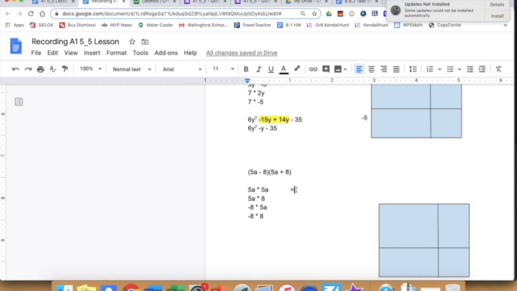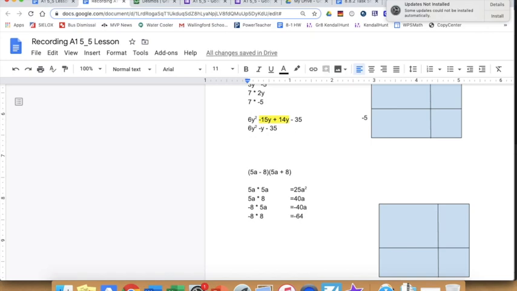5a times 5a is 25a squared. 5a times 8 is 40a. Negative 8 times 5a is negative 40a. There's a red flag there. Negative 8 times 8 is negative 64.